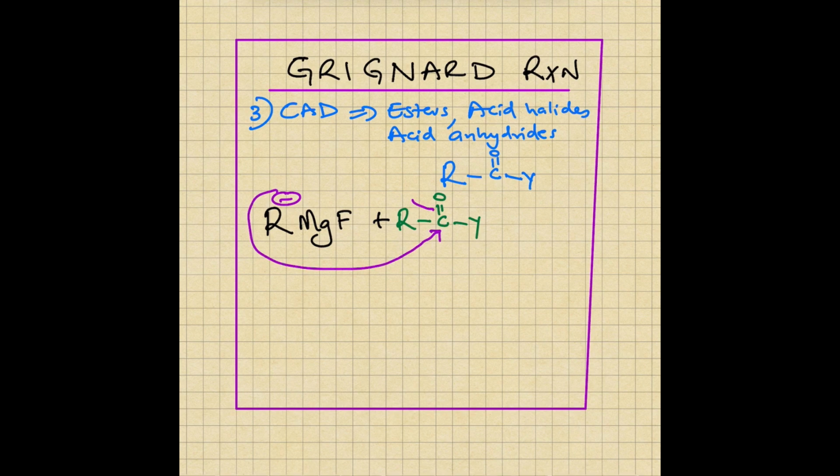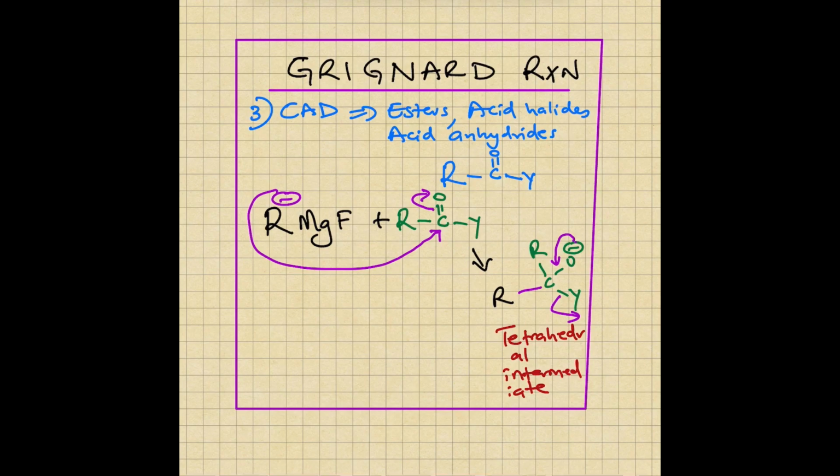One of the bond electrons will flow to oxygen to form O-. Then that will give what we call a tetrahedral intermediate.